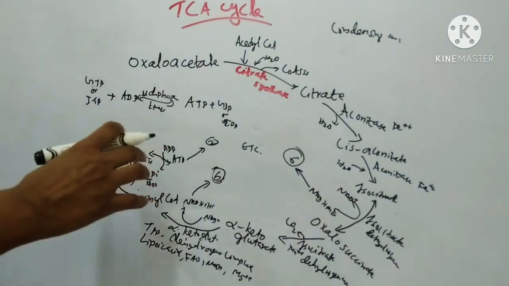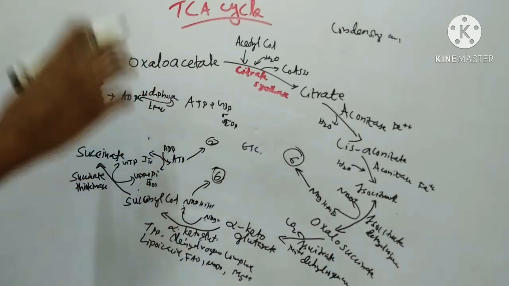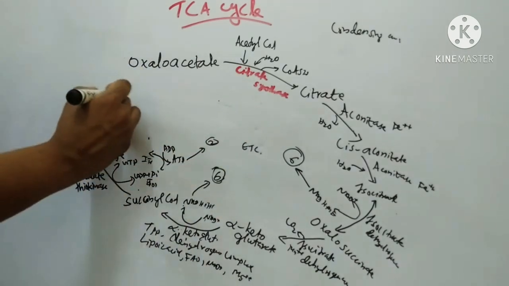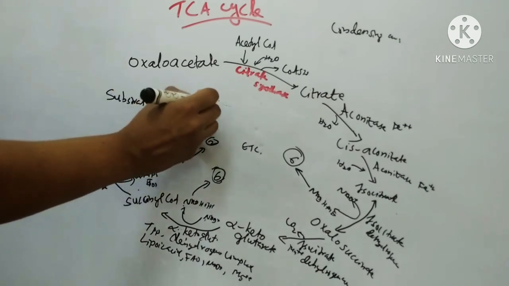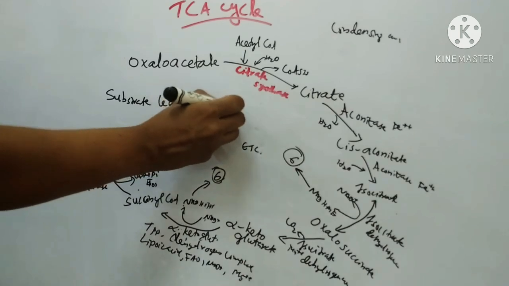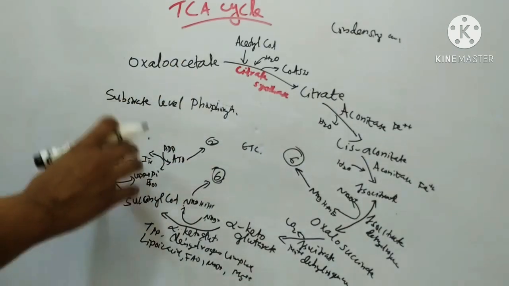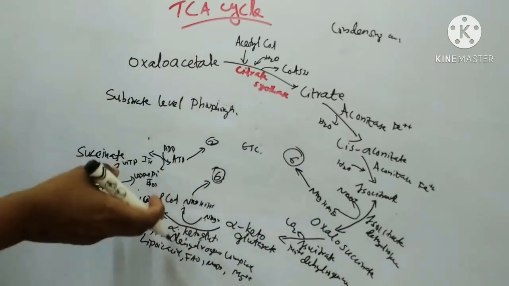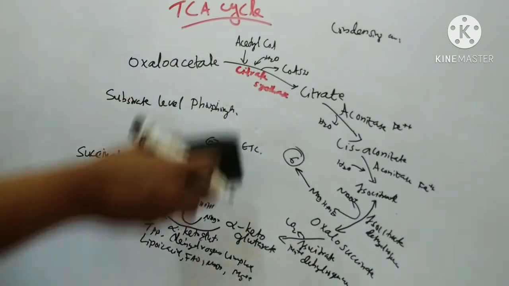This is the only example of substrate level phosphorylation in the TCA cycle. So 1 ATP is produced in the reaction at substrate level, and from 2 succinyl CoA it will produce 2 ATP molecules.